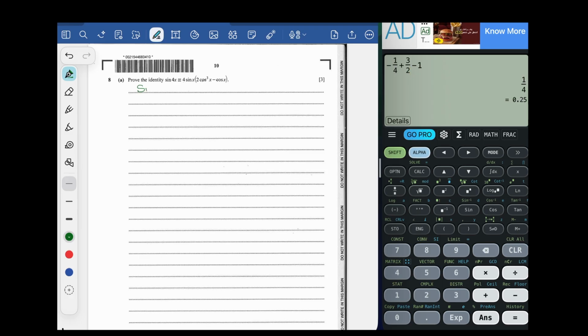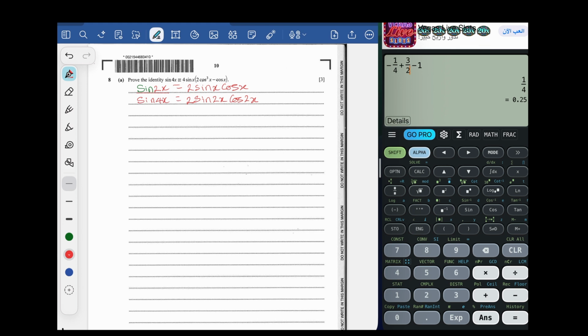We know sine 2x is 2 sine x cos x. So sine 4x will be, you're doubling the angle inside, so this is 2 sine 2x cos 2x. That is sine 4x. So I just replace it there.